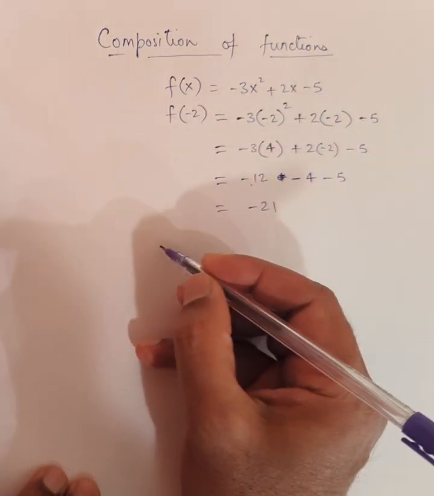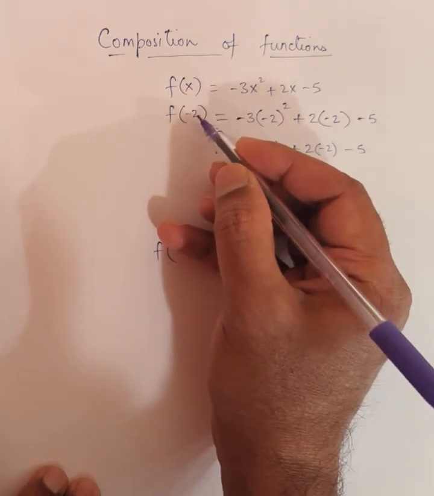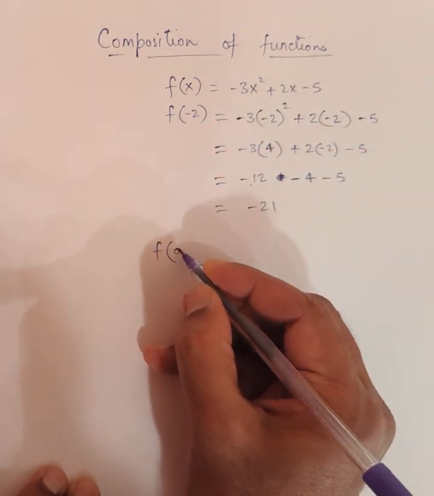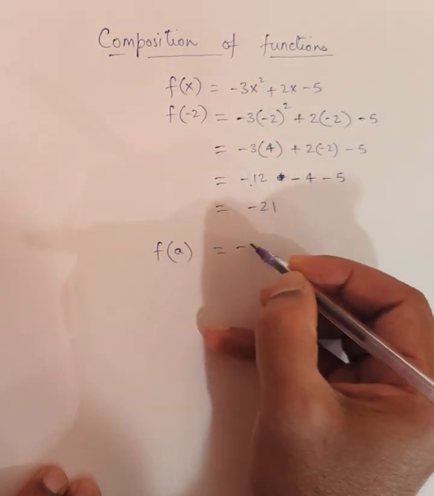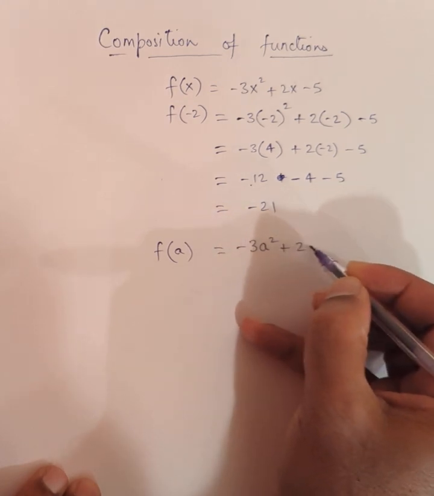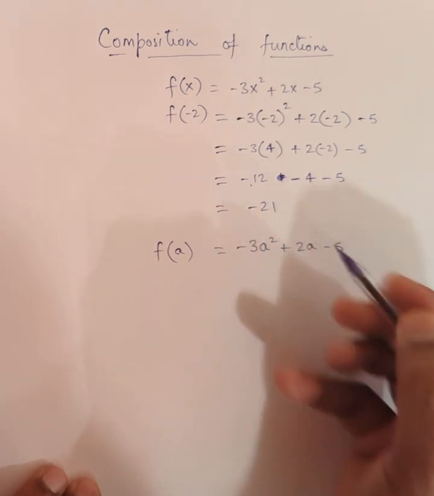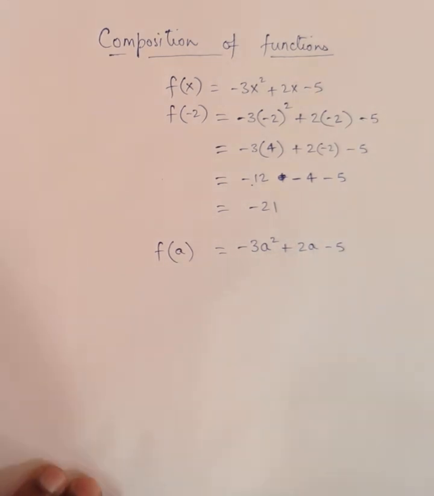For the same function, if I'm given something else besides a number, so say if it is a, then really there's nothing to be done. All I have to do is replace the x by a, and I get that. And I cannot do anything with that, so that's my final answer.